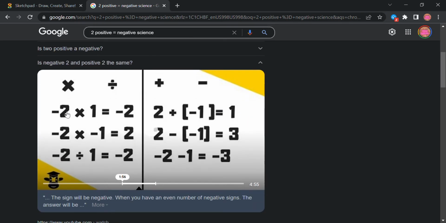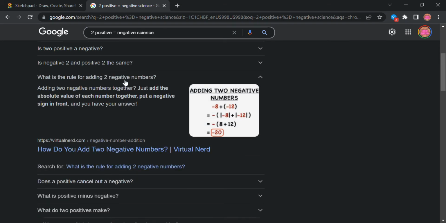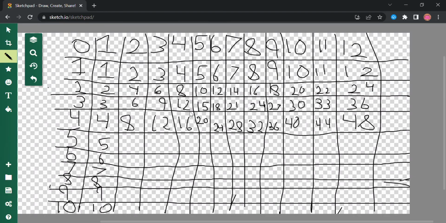Okay, so for example, I think it was 2 negatives at least. Adding 2 negative numbers, by the way, is kind of like adding positive numbers, but you just add the negative symbol afterwards.